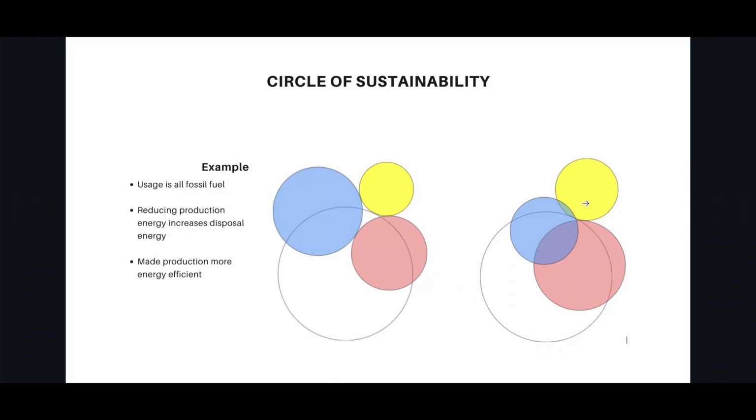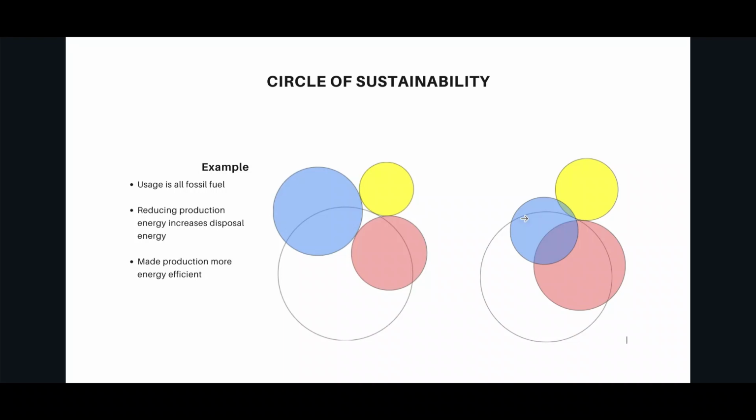And I did create new overlaps between production and product use, and between production and disposal. And that was based on just thinking about the situation and what outcomes could be.